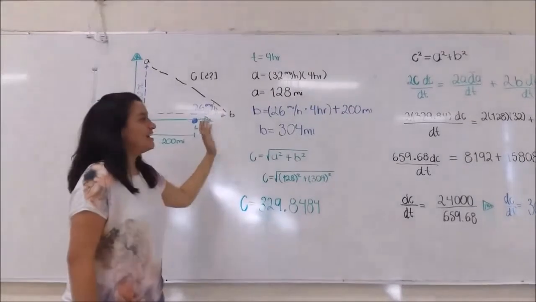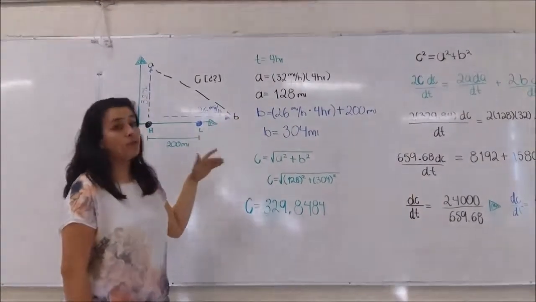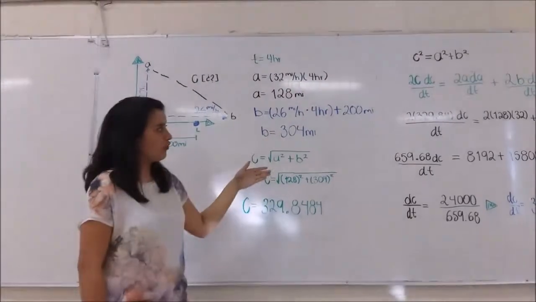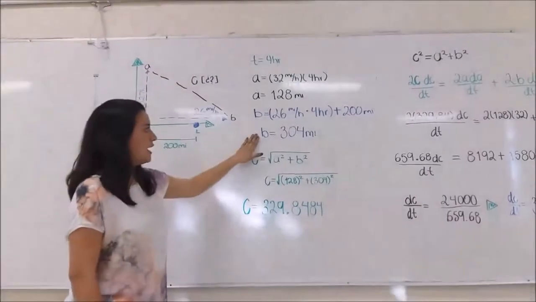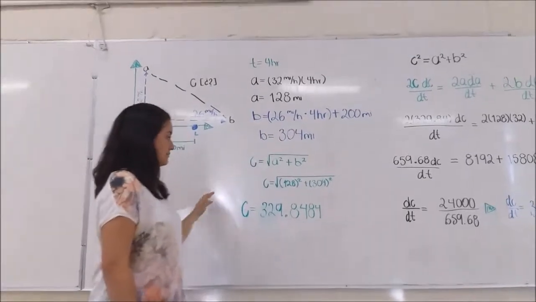And then to get the category B, you have to multiply 26 miles over hours times 4 plus 200 miles. You get 304 miles.